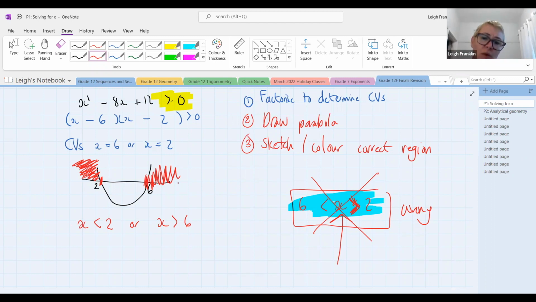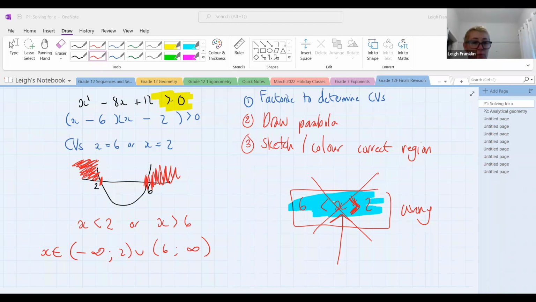That's why we've got 2 separate inequalities to answer this. The other way you could do this, and I don't like interval notation myself because I think it's confusing, is to say from negative infinity up to 2, union from 6 to positive infinity.